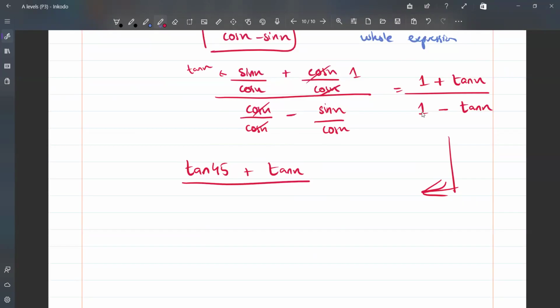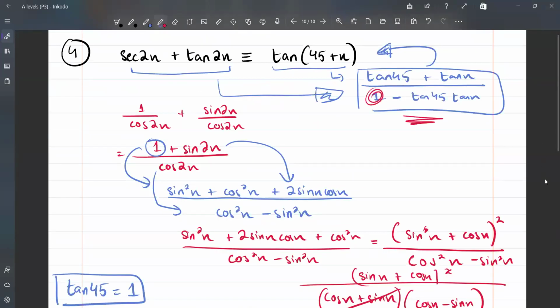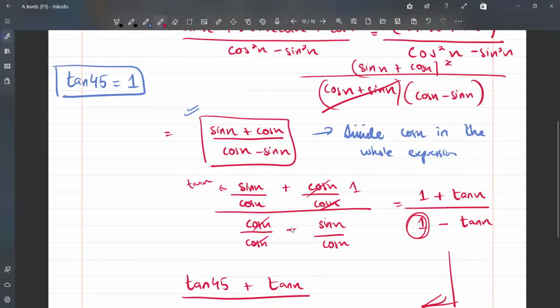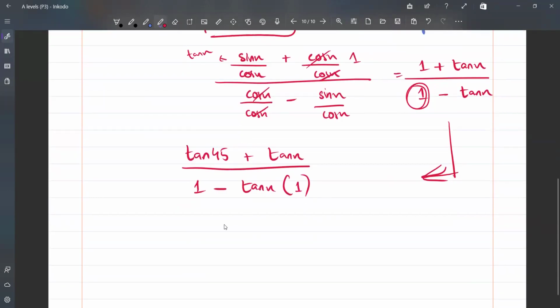And we're not going to change this one because we need it, right? We need it. So yeah, 1 minus tan x. If there's nothing here, it is always 1. So we are again going to write tan 45 here. Tan 45 plus tan x upon 1 minus tan x tan 45.